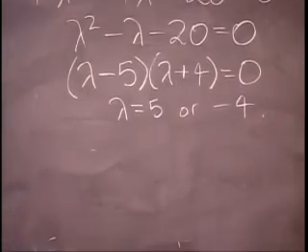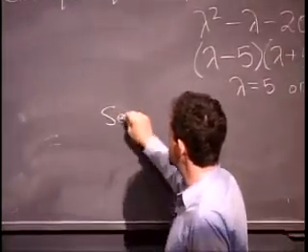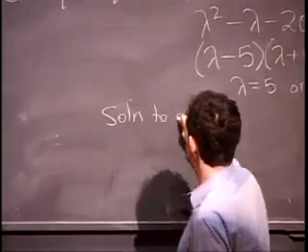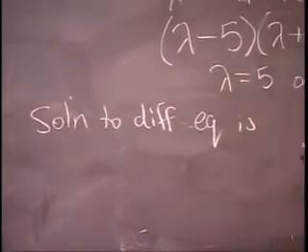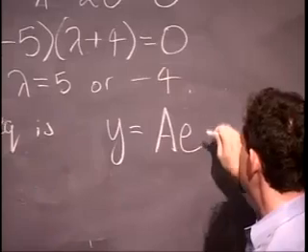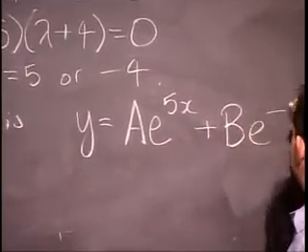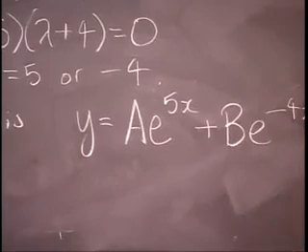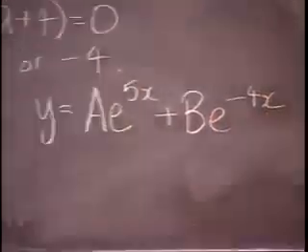Well, amazingly, this means that the solution to the differential equation, the original one up at the top of the board, is y equals some constant A, e^(5x), plus B, e^(-4x). Where did these numbers 5 and minus 4 come from? There they are.